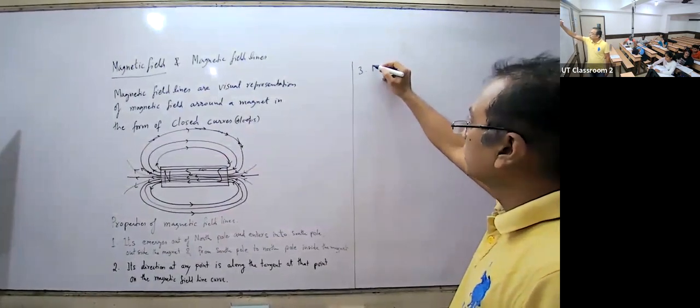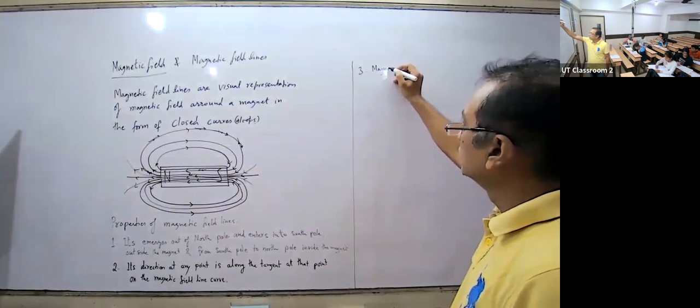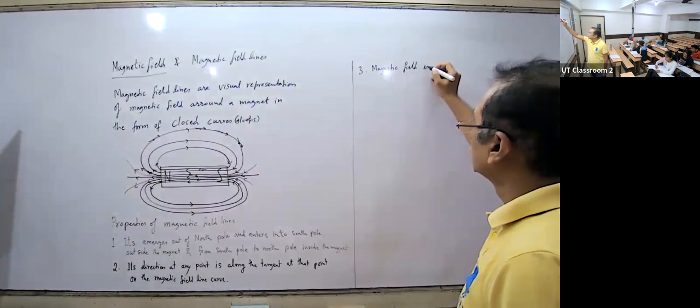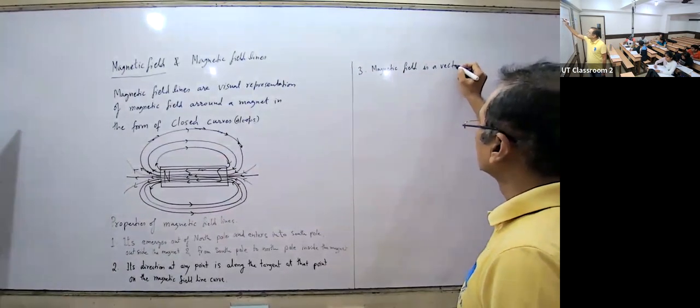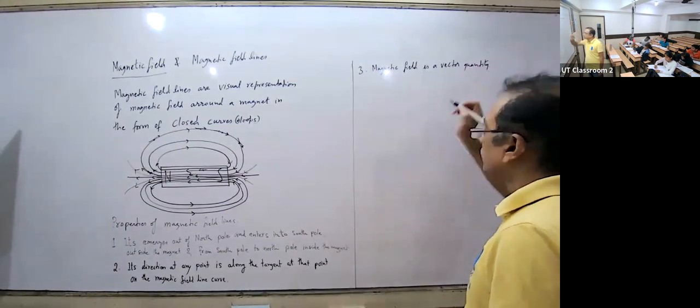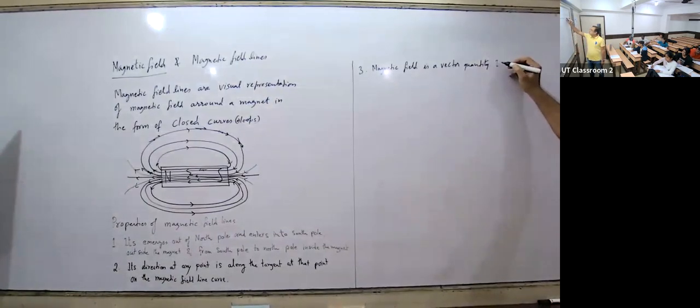So magnetic field is a vector quantity. You're familiar with scalar and vector quantity? Yes. So magnetic field is a vector quantity, which means it has both magnitude and direction at every point, right?